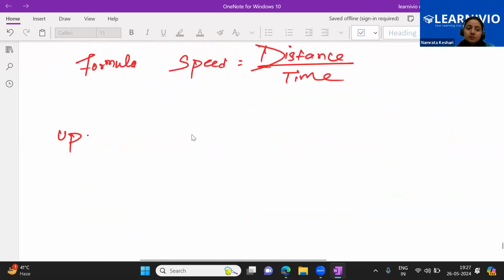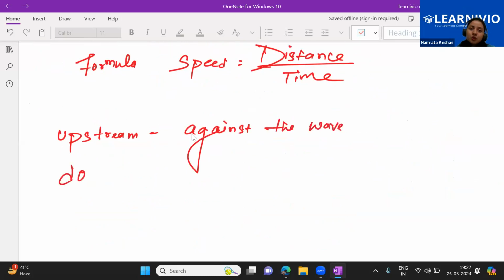Upstream means we are working against the direction of the wave, against the direction of the wave. And downstream means towards the direction of the wave. So obviously, when we are going towards the direction of the wave, the effort will be less.